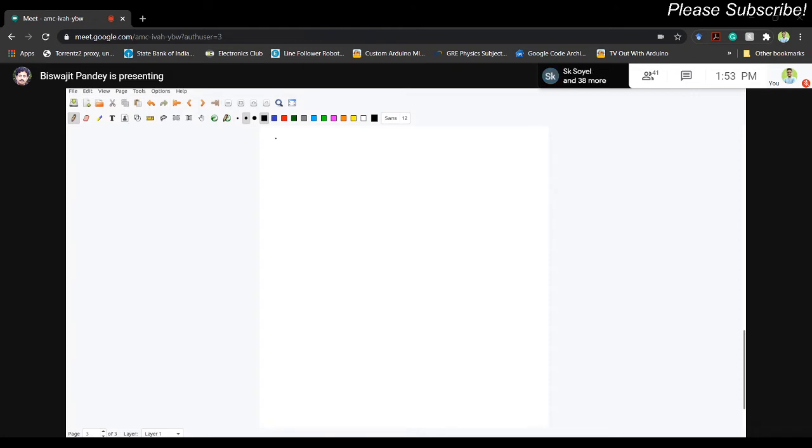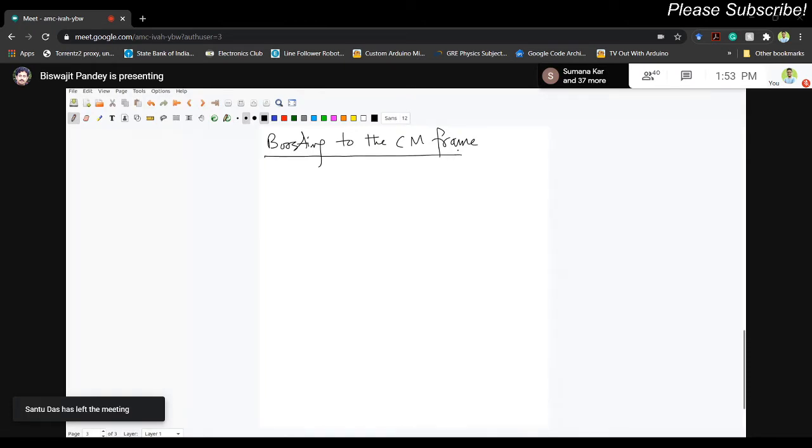Right. So, boosting to the center of momentum frame. The center of momentum frame is a frame where the total spatial momentum is 0.